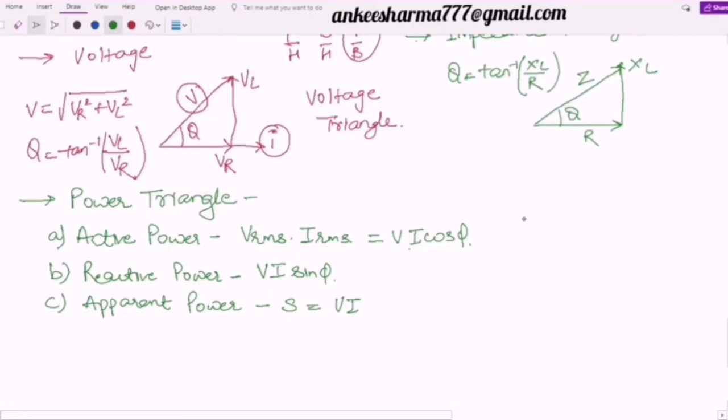So there is one more triangle for this RL series circuit, that is called the power triangle. In place of R, we will have I square R, that is the power due to this resistance, which is given as PR.